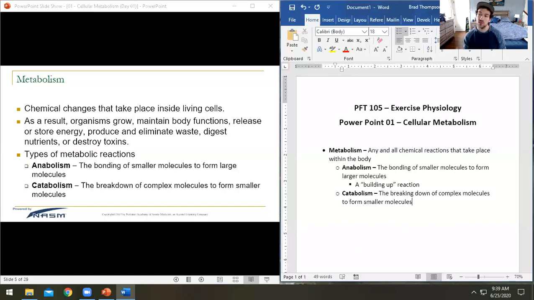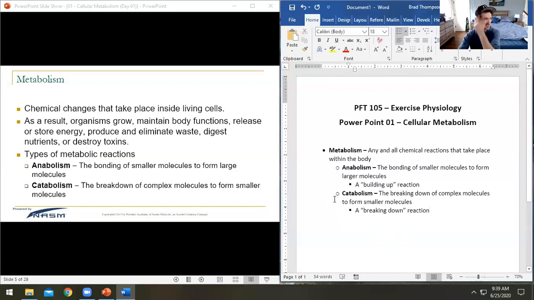So if you took something that's really large and really complex and you snapped it off and broke it down, that's a catabolic reaction, right? Taking something that is very big and breaking it into something very small. That's a breaking down reaction. That's what you can think of as catabolism.